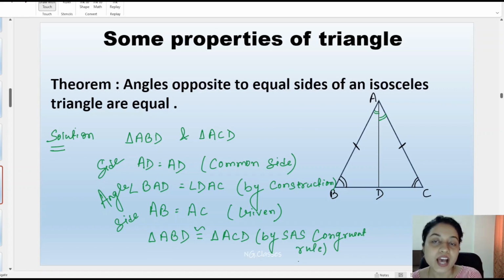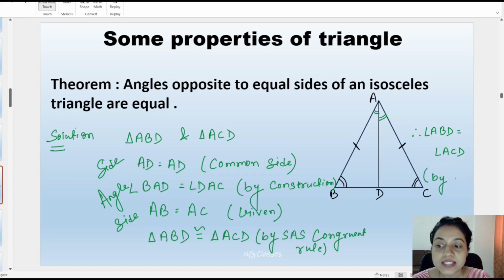Now here we have to prove that angle ABD is equal to angle ACD. Since the two triangles are congruent with each other, their corresponding parts will also be equal to each other, right? So we can say therefore angle ABD must be equal to angle ACD. Why? Because it's corresponding parts of congruent triangles, by CPCT.